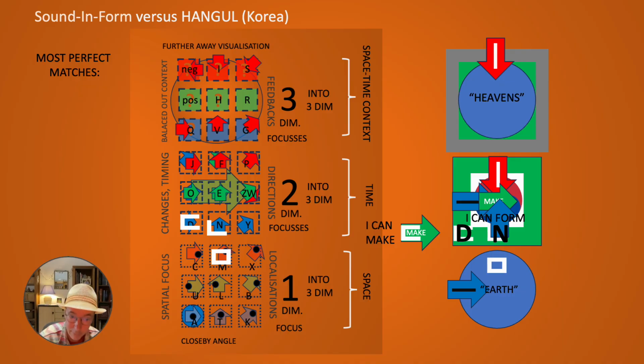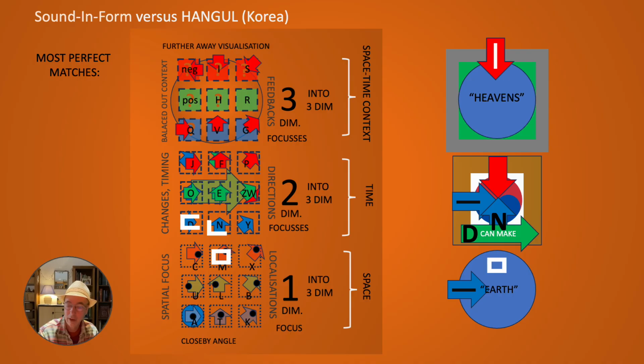In my theory, you can still recognize them if you know that there's a timing process underneath. So with the D, you can make something happen, and with the N, you can form something from what you're already making.